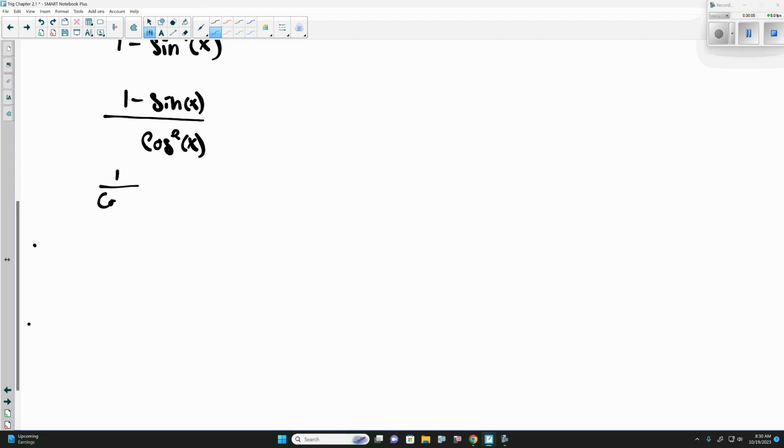Now this last part is a little bit of manipulation, because really we're saying that we have 1 over cosine squared of x being multiplied by 1 minus sine of x. I write it this way so it's a little bit easier to see what we're about to do. Because 1 over cosine of x is the same as secant of x. So 1 over cosine squared of x is the same as secant squared of x.